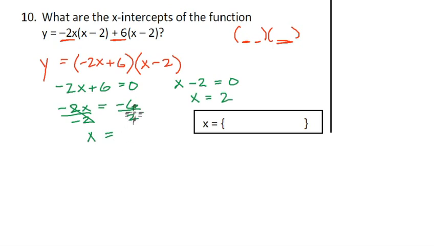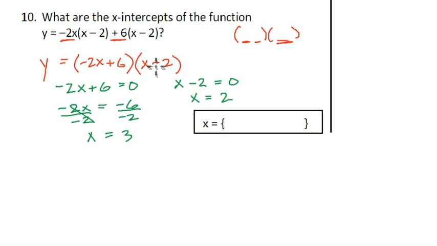Oh sorry, this should be divide both sides by negative 2. Now the negative 2's cancel. Negative 6 divided by negative 2 is actually positive 3. So if you plug 3 into this binomial, it will change to 0, and that means the whole equation changes to 0.